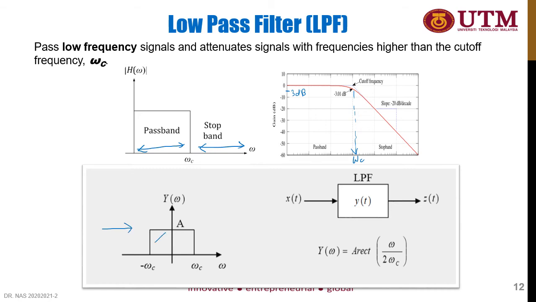This is where the lower frequency component will be passed through, and the higher frequency component will be removed from the system. So the transfer function, or the equation of the low pass filter, is expressed as A rect(omega over 2 omega c).